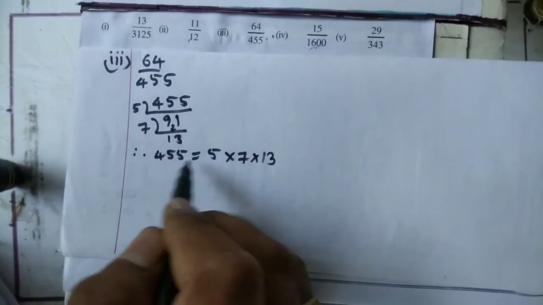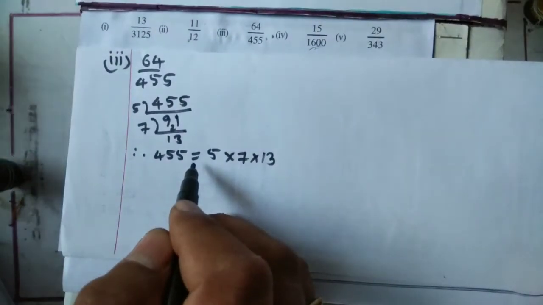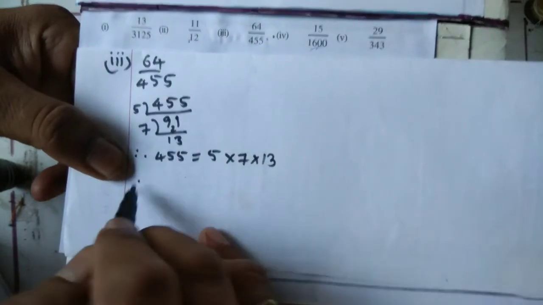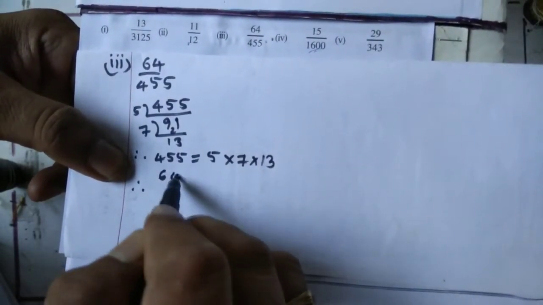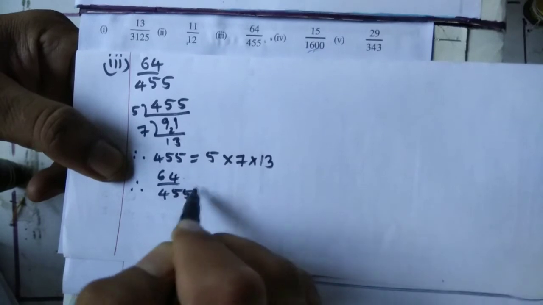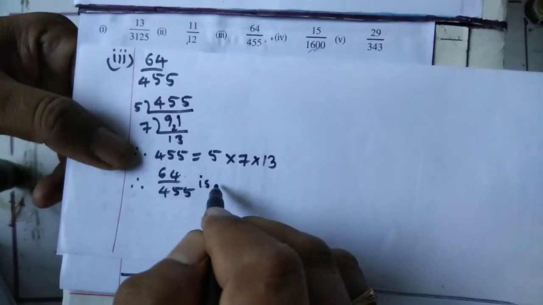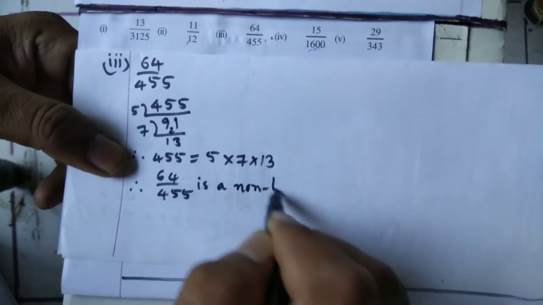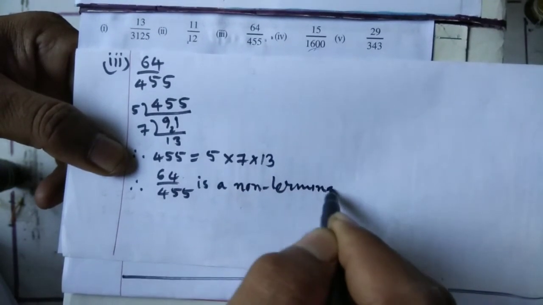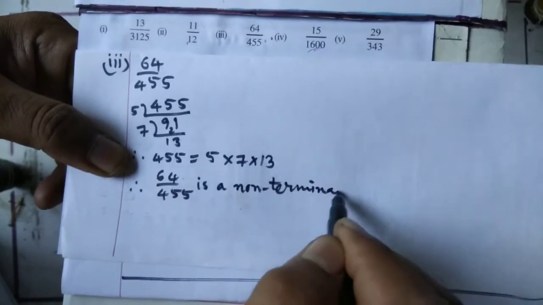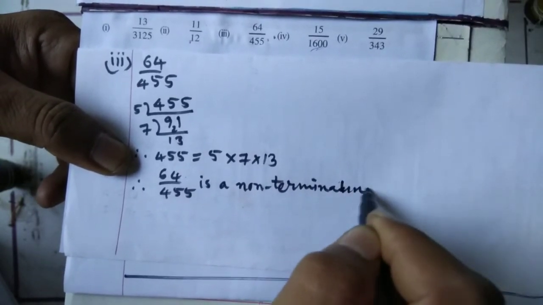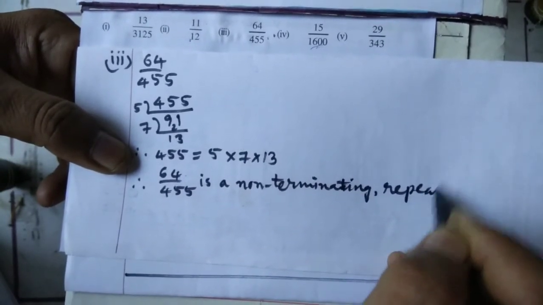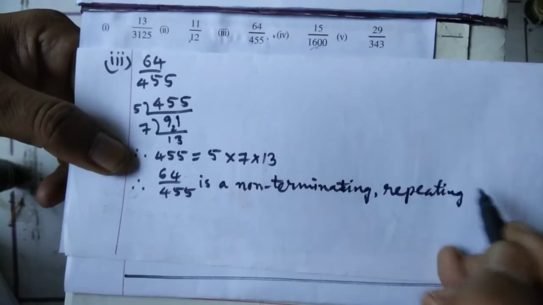The denominator is not of the form 2 power m, 5 power n. Therefore 64 by 455 is a non-terminating repeating decimal.